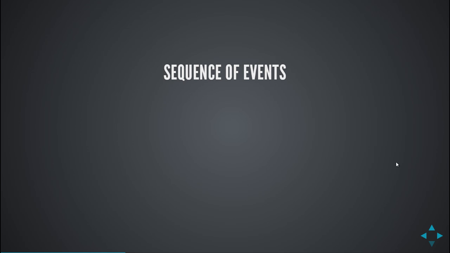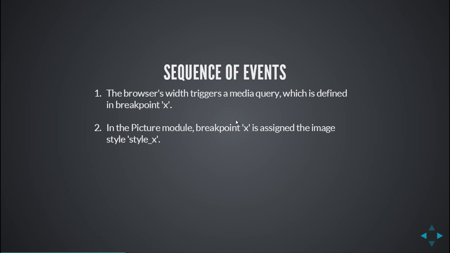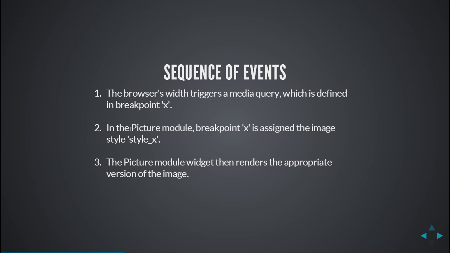So just to summarize, the sequence of events is grossly, of course, this. The browser's width will trigger a media query, which is defined in breakpoint X in the Breakpoints module. So the picture module becomes aware of it and will assign to the breakpoint X that we've defined here an image style of X. Becoming aware of it, the picture module will render the appropriate version of the image.